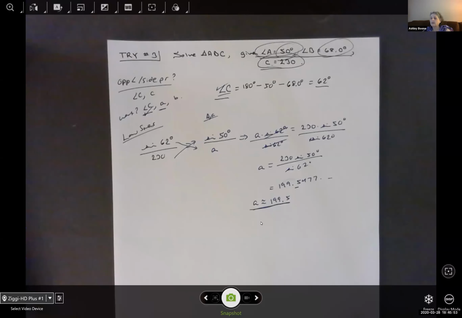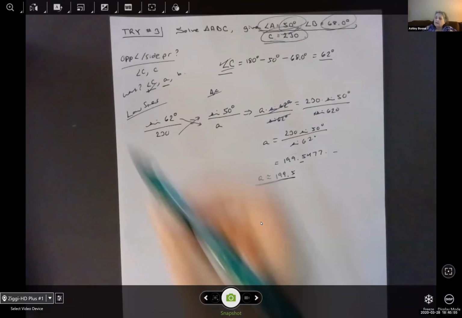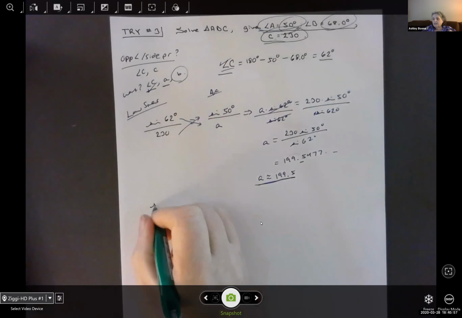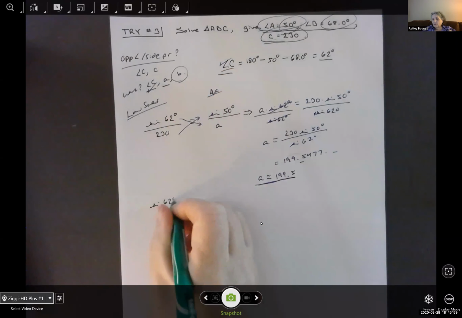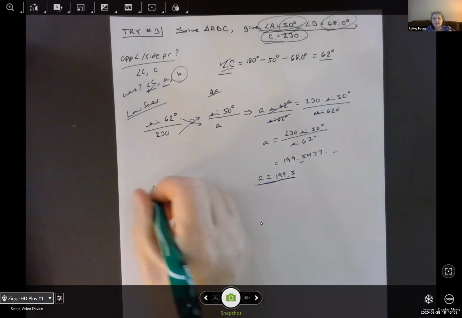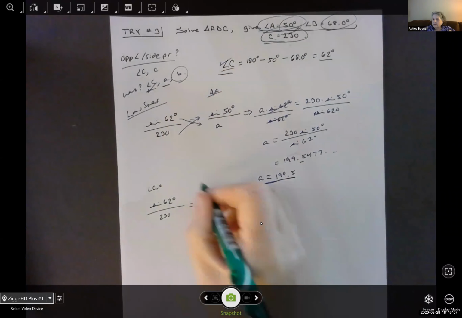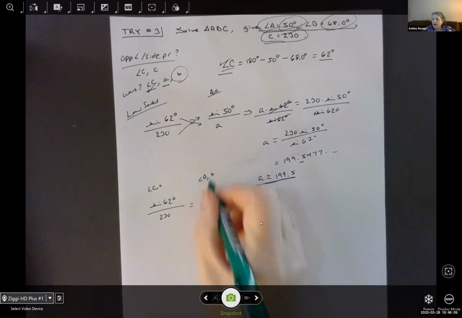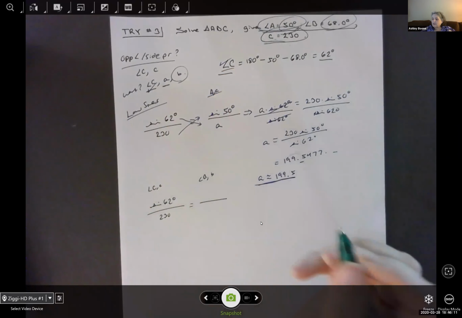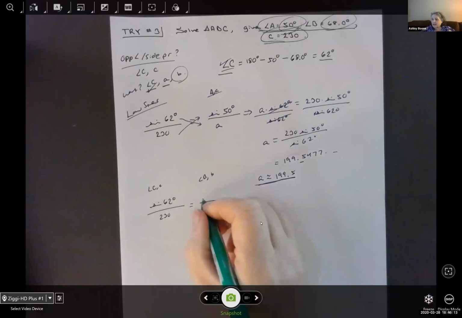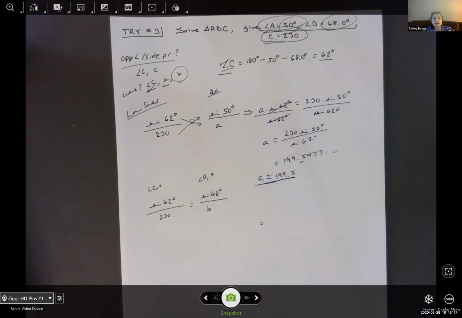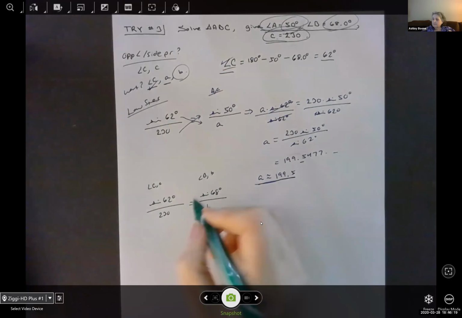For side B, I'm going to take what I know. Sine of 62 degrees is to 230. That's my C's, angle C and side C. Okay, now I need my B's. I know that angle B is 68 degrees. So I have the sine of 68 degrees is to side B. And I do the same thing: cross multiply.